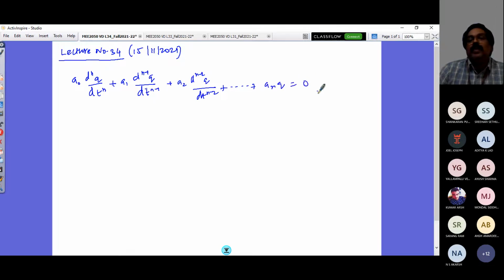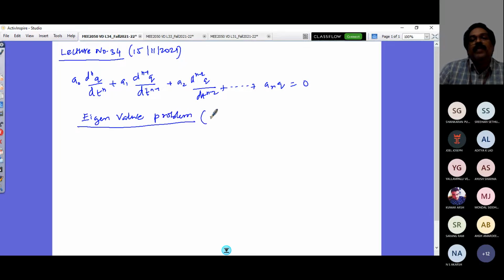So equating to 0 is what is used for the eigenvalue.